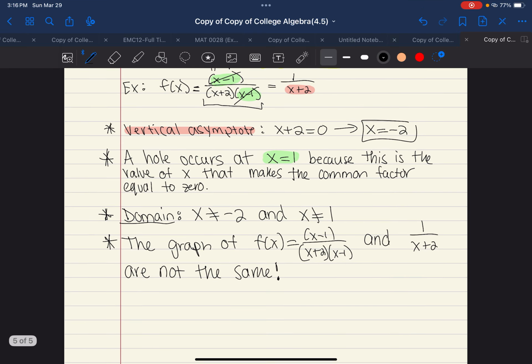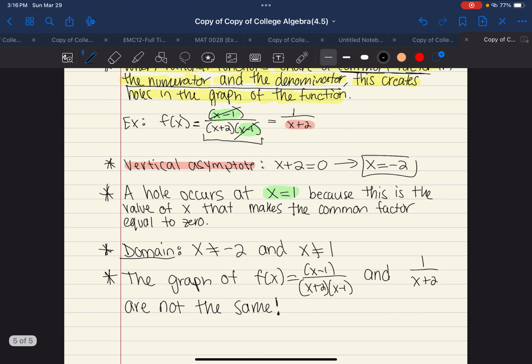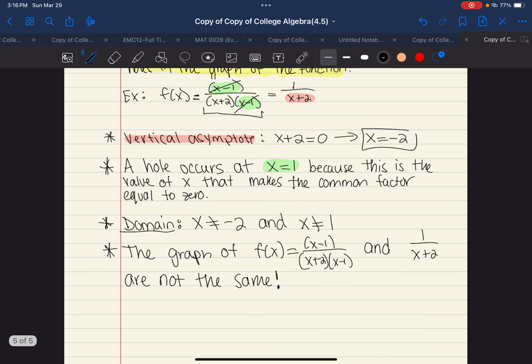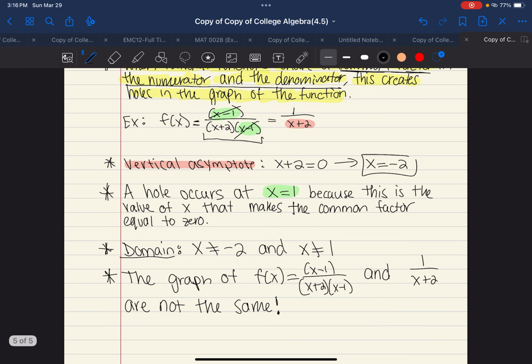Even though it's simplified and algebraically they're equal, they do not create the same graph. So if I wanted to graph this function in my graphing calculator, or even by hand, I need to use this equation here.